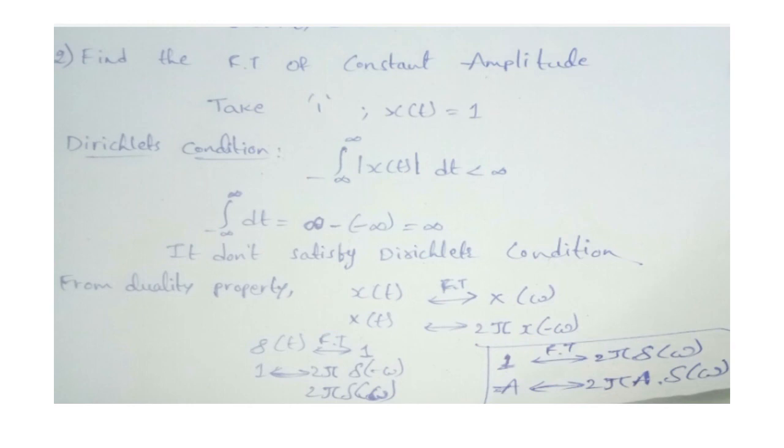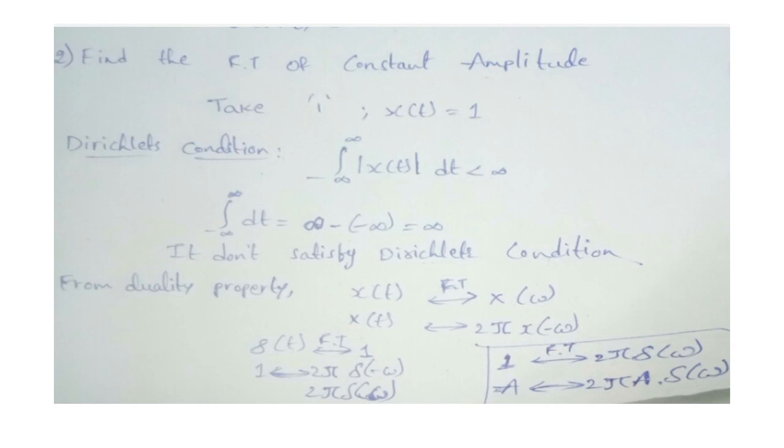But by going an indirect way, from the duality property, if x of t has the Fourier transform x of omega, then x of t is 2 pi x of minus omega. Del of t has the Fourier transform 1, so 1 has the Fourier transform 2 pi del of minus omega, which is 2 pi del of omega.